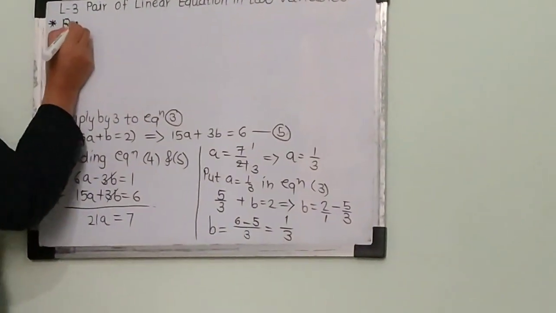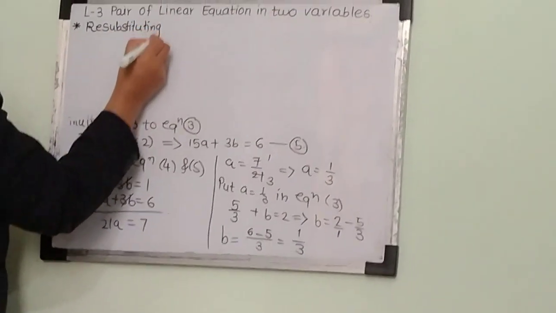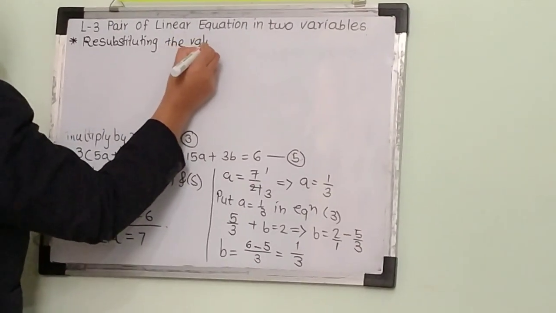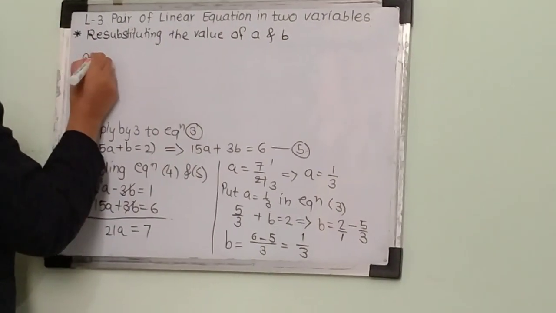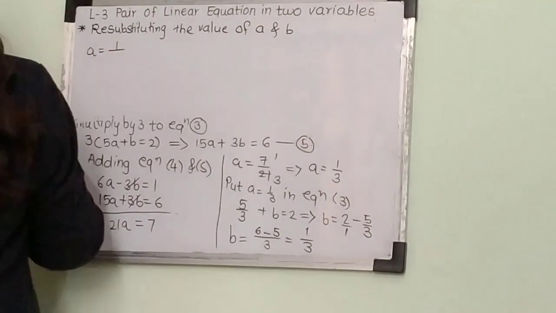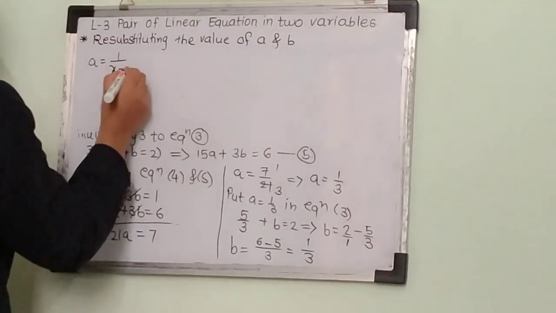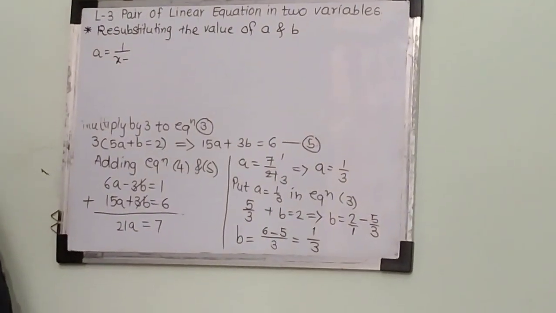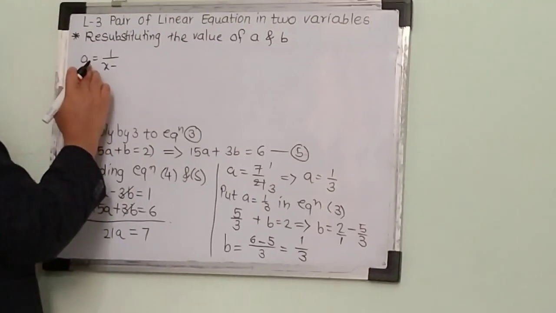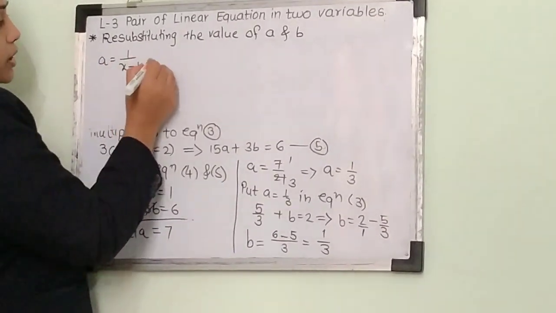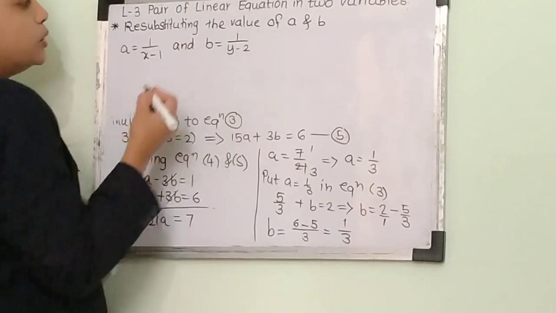So resubstituting the value of a and b, a is equal to 1 upon x minus 1 and b equals to 1 upon y minus 2.